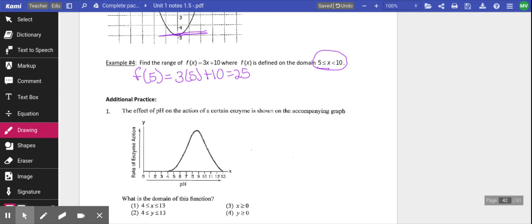Then we find f of 10, and it's 3 times 10 plus 10. So that's 30 plus 10 equals 40. So our range is 25 is less than or equal to y is less than 40. It's only less than 40 because it was only less than 10.